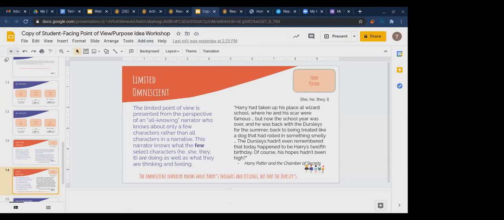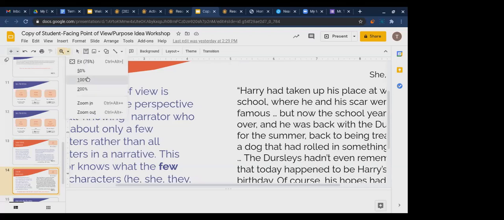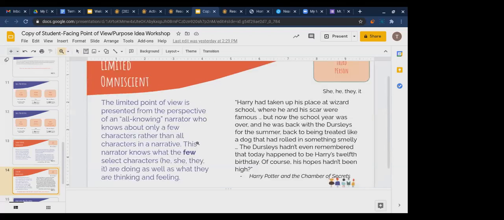So if we're looking at this example right here, zoom in a little bit. Whoa, too much. If we're looking at this example right here, and we know in third person limited omniscient, we know the thoughts, feelings, actions of only a few select characters.